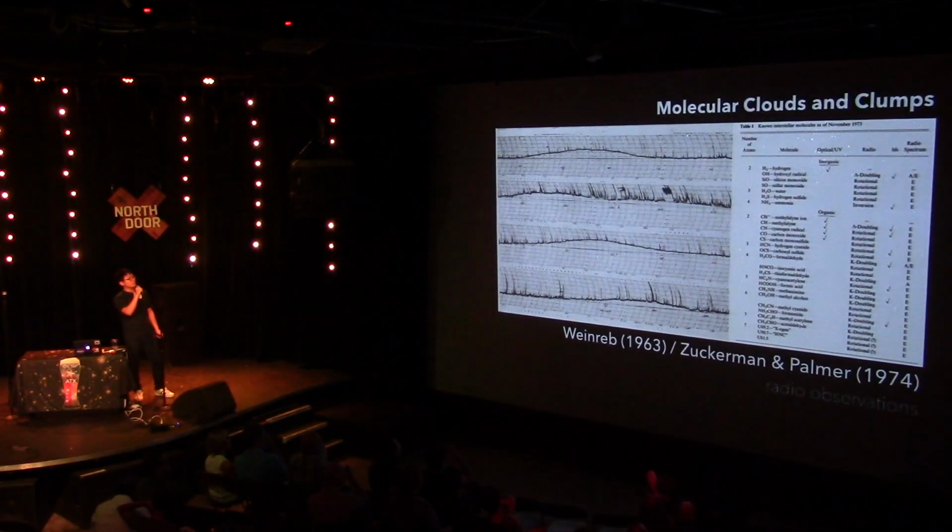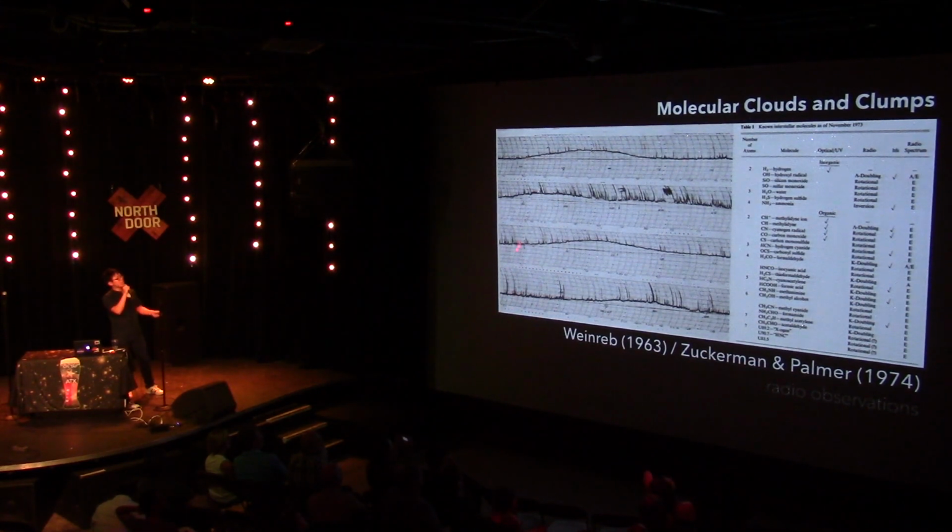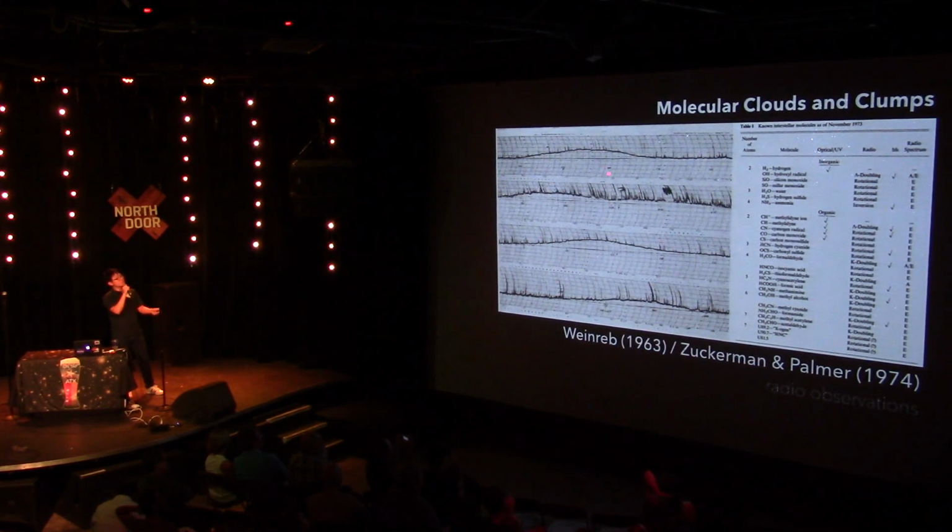But later on, astronomers realized that the radio emission can be further broken down into a few components, and one very important component shows up as these tiny little spikes on one of the first spectra. And these are actually emission at characteristic wavelengths that are associated with the internal motions of different species of molecules.